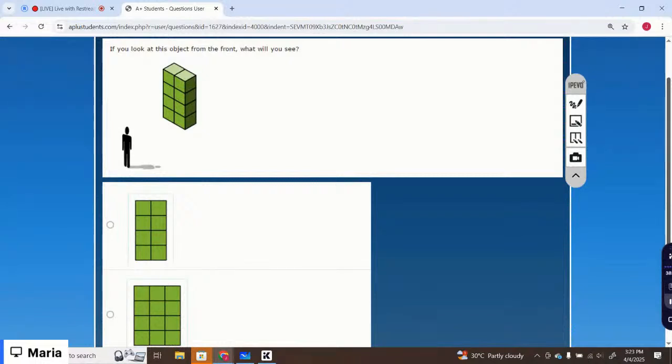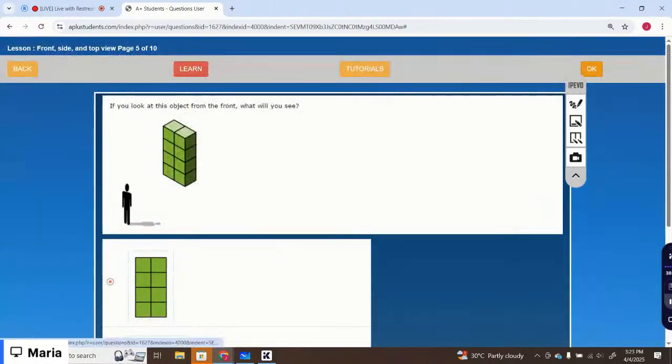When you are standing here, you can see this. Option number one is the correct option.